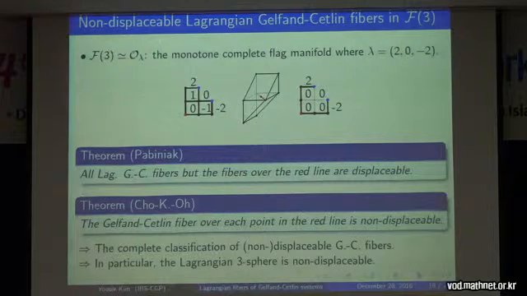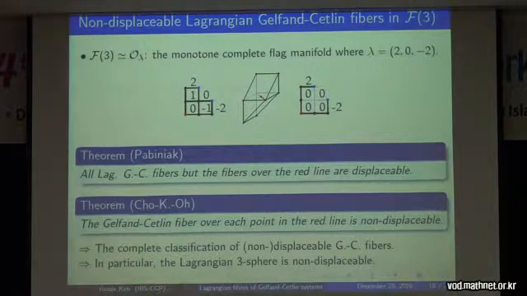Pabiniak's recent result says that all Gelfand-Cetlin fibers, except the fibers over the red line, are displaceable. She proved that using McDuff's method and the homogeneity of the flag manifold. Our theorem says that the Gelfand-Cetlin fiber over each point in the red line is non-displaceable. Combining her work, this gives a complete classification of non-displaceable and displaceable Gelfand-Cetlin fibers in F(3).